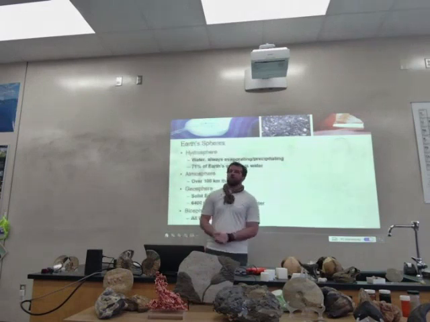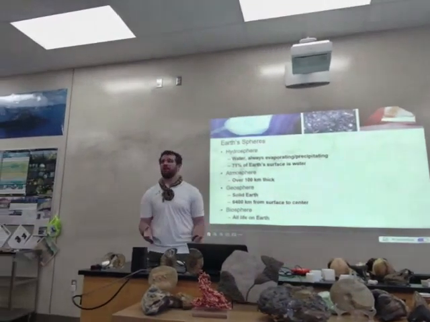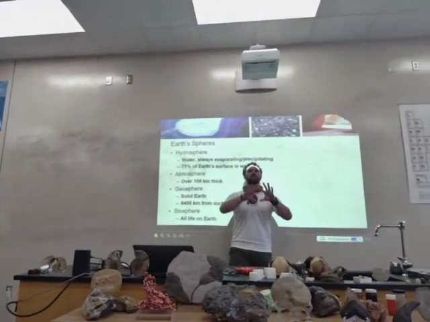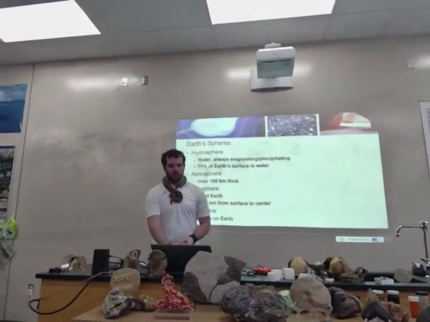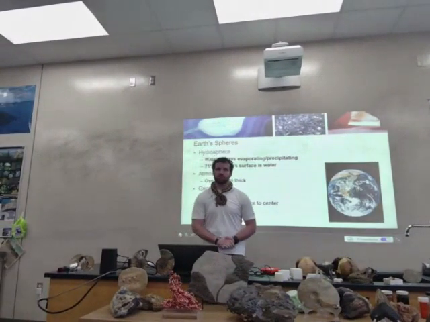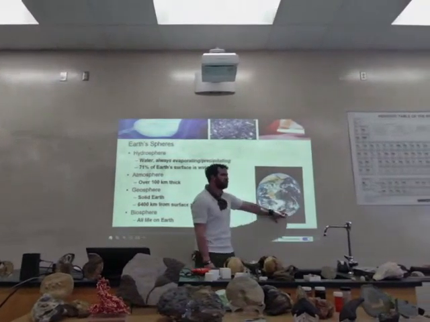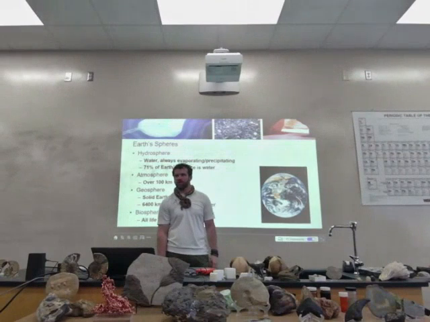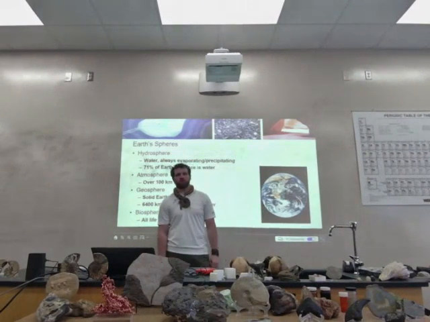Okay. Earth has 4 different spheres, and I'm not talking about interior layers or anything like that. I'm talking about spheres that we can throw everything on Earth inside of. First off, the hydrosphere. The hydrosphere includes all water on Earth. Look at this picture, a beautiful picture taken in the early 70s. It's called the Blue Marble. Gorgeous picture. What do you see?